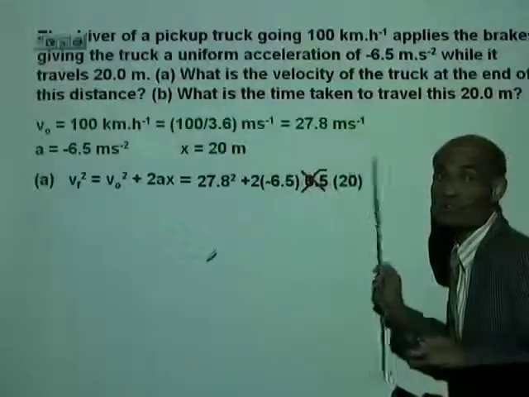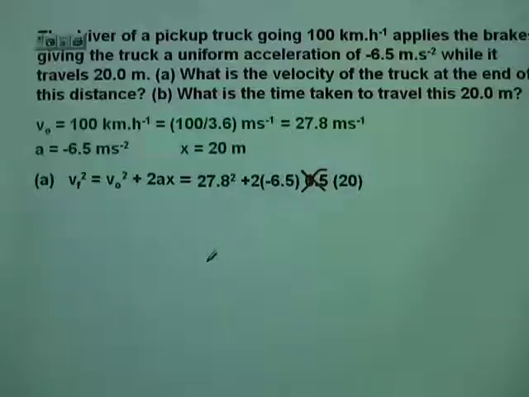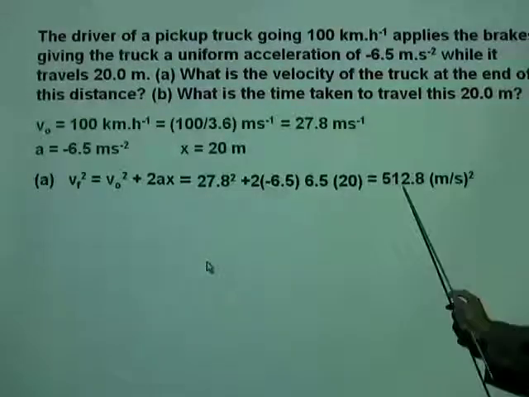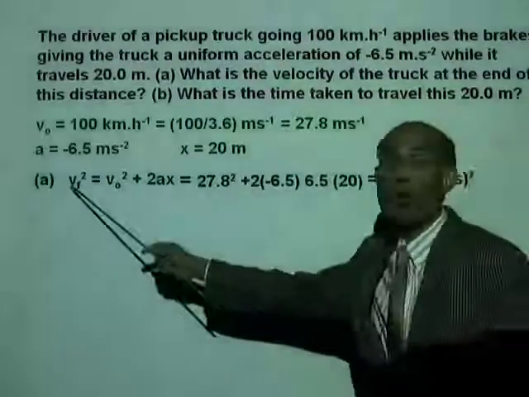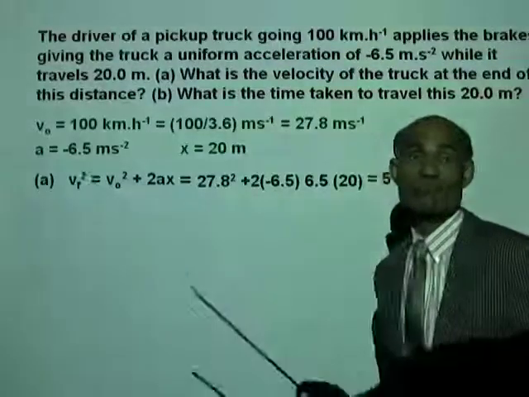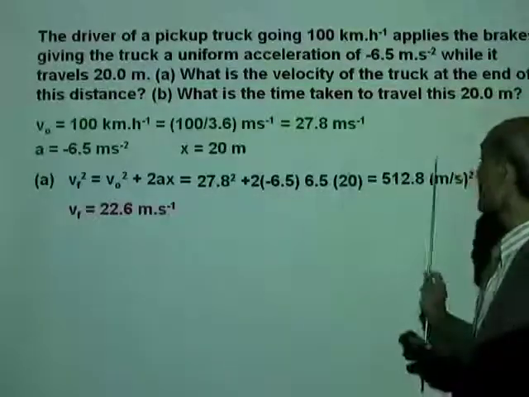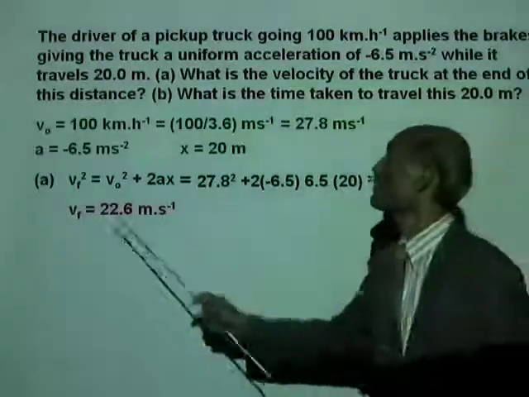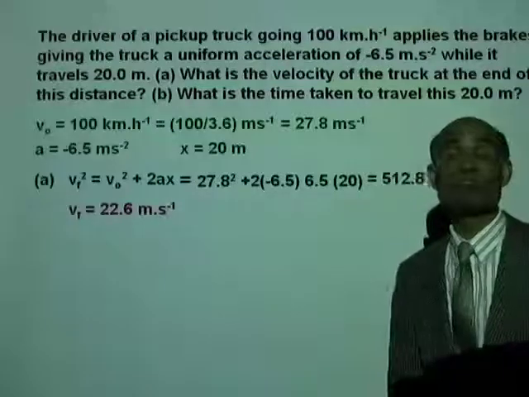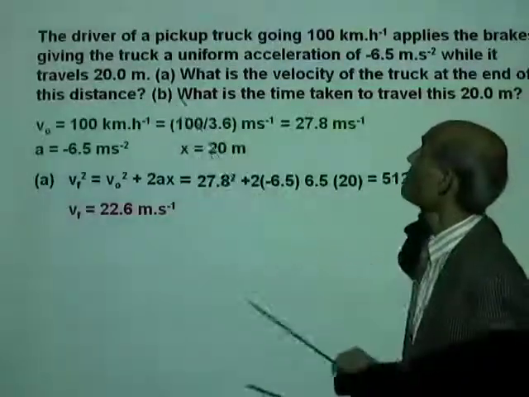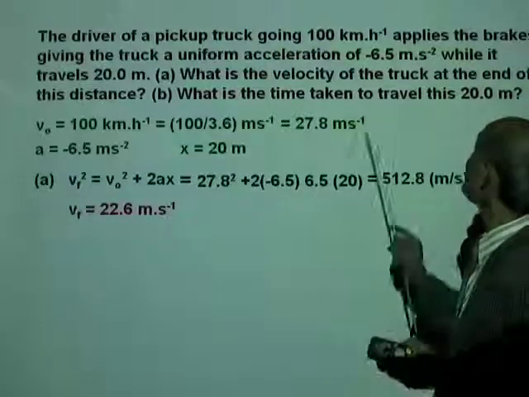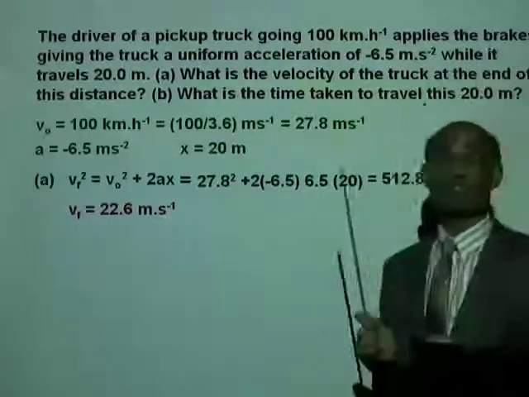Alright? And that will be 512.8 meter squared per second squared, because this is the square of Vf. Vf therefore is the square root of that, which is 22.6 meter per second. And B, what is the time taken to travel this distance?